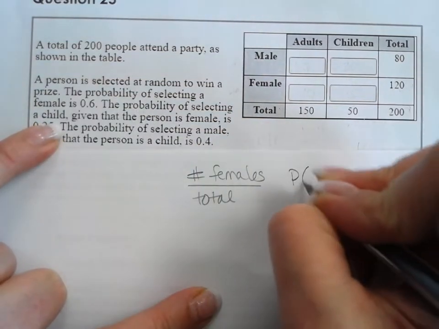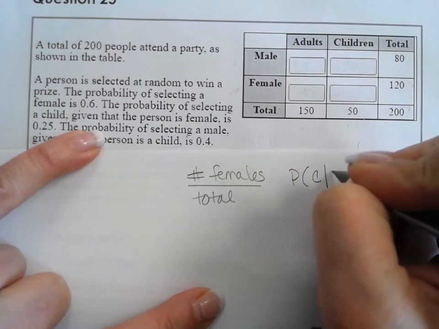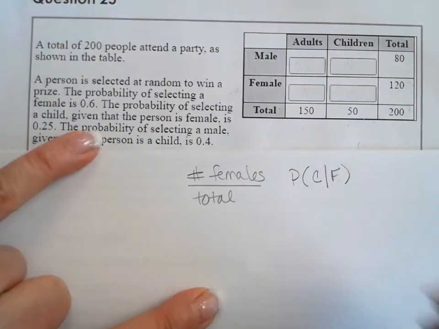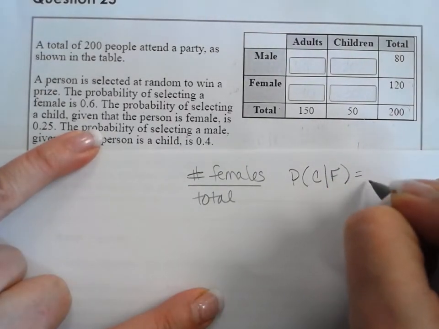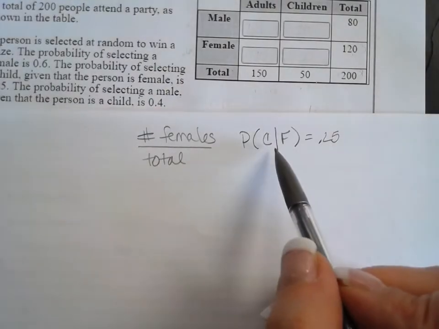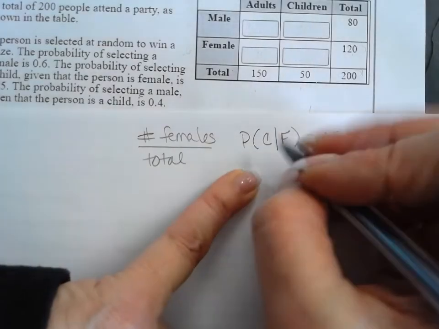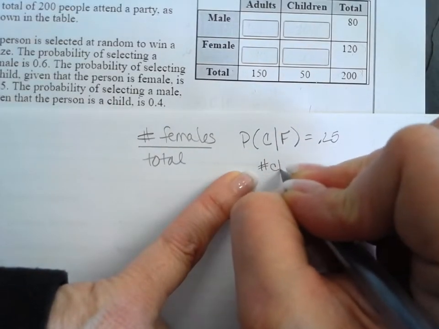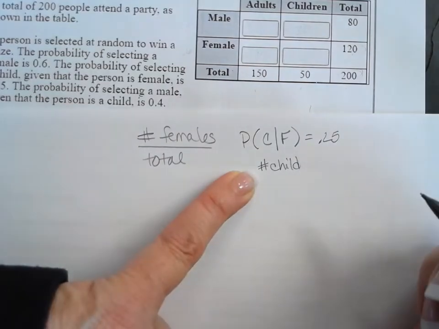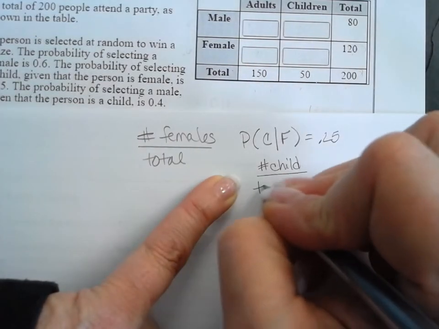Probability of selecting a child given the person is female is equal to 0.25. Okay? Now, remember when we had the givens, that meant we had the number of children on top over the total given.